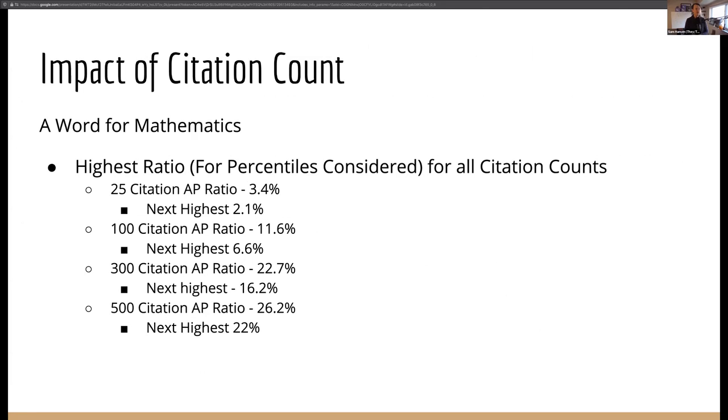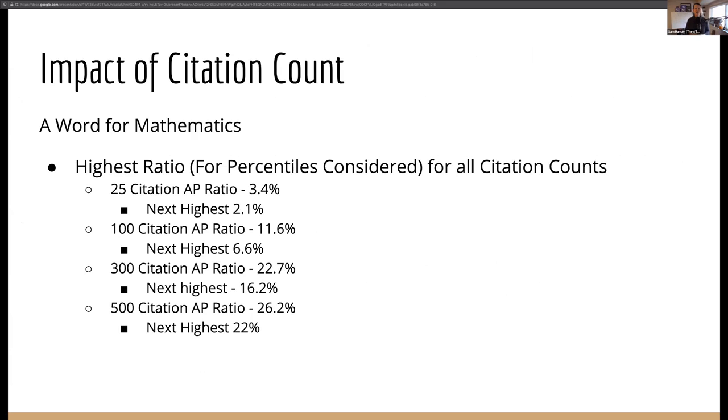And so I want to give a word for mathematics here. This is the highest citation ratio for all citation counts. For 25, it's 3.4%. For 100, it's 11.6. For 300, it's 22.7, and 500 is 26.2. I also have the second highest ratios.